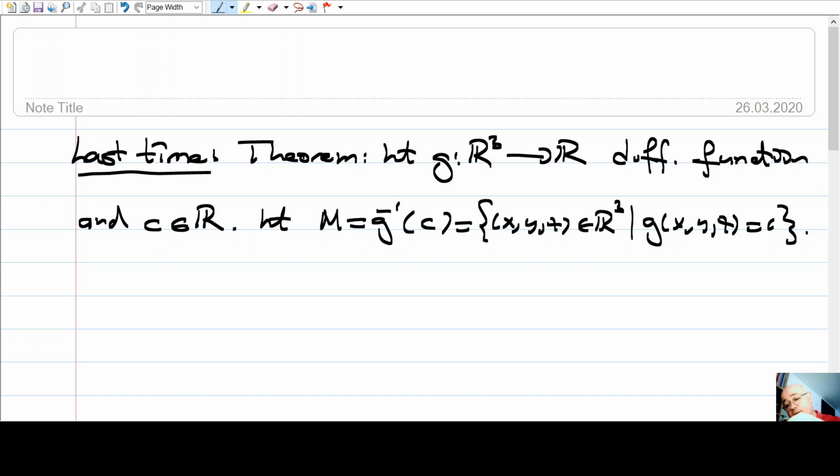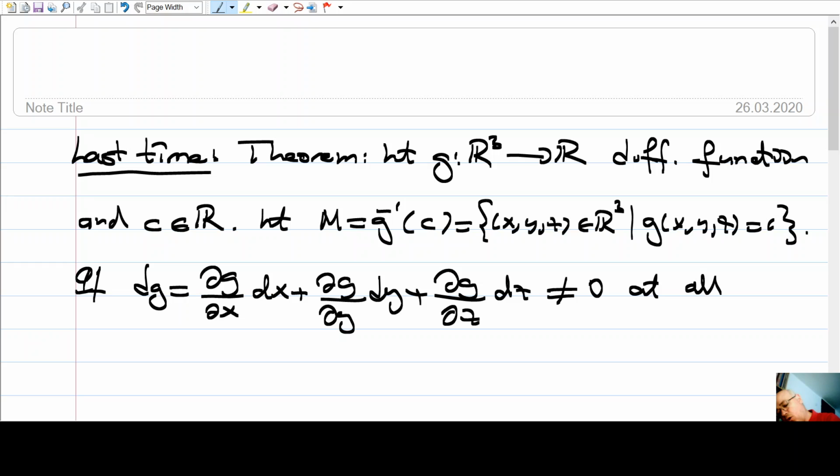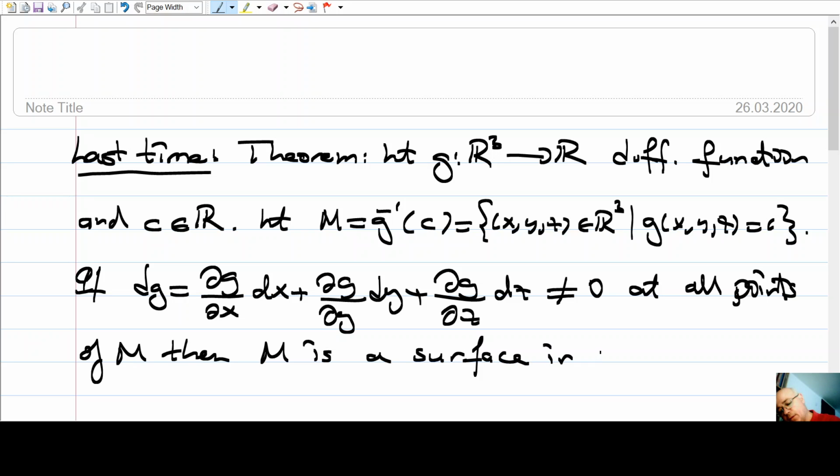Then the statement was the following: if the differential of G, which is just the partial derivative of G with respect to x dx, partial derivative of G with respect to y dy, and partial derivative of G with respect to z dz, is not zero at all points of the subset M, then M is a surface in R3.